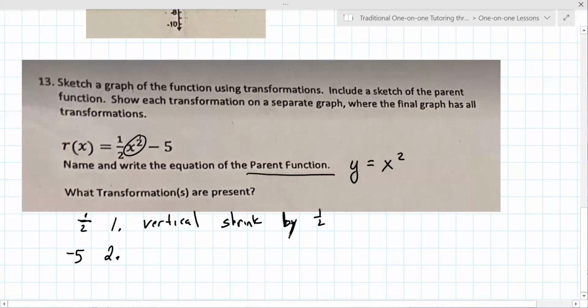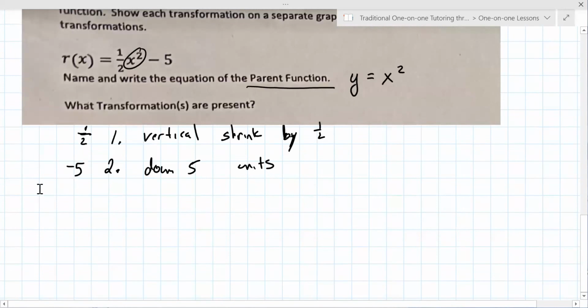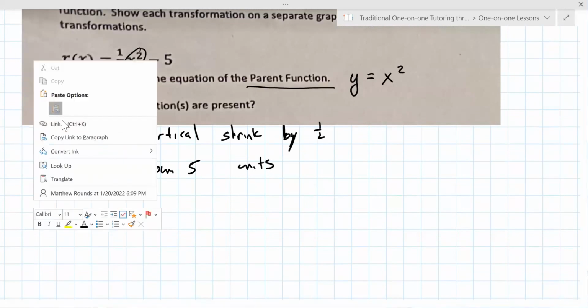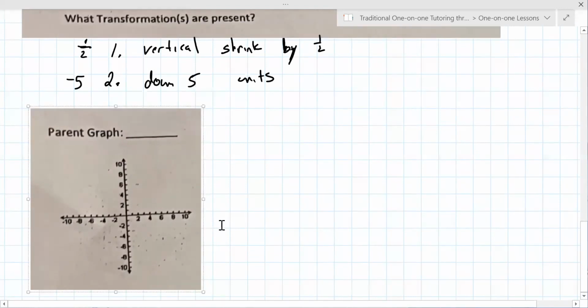Okay. Vertical shrink by 1/2. Yep. And then this -5 is down 5 units. So there's only 2 transformations. Okay, got it.